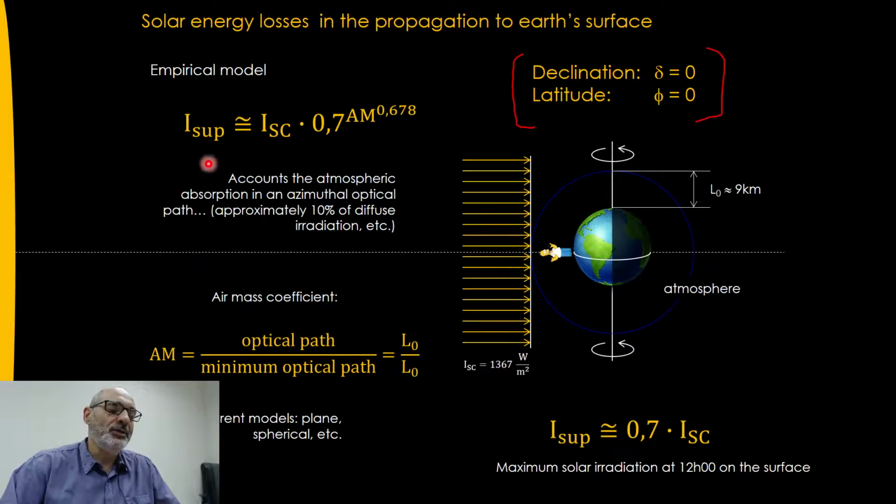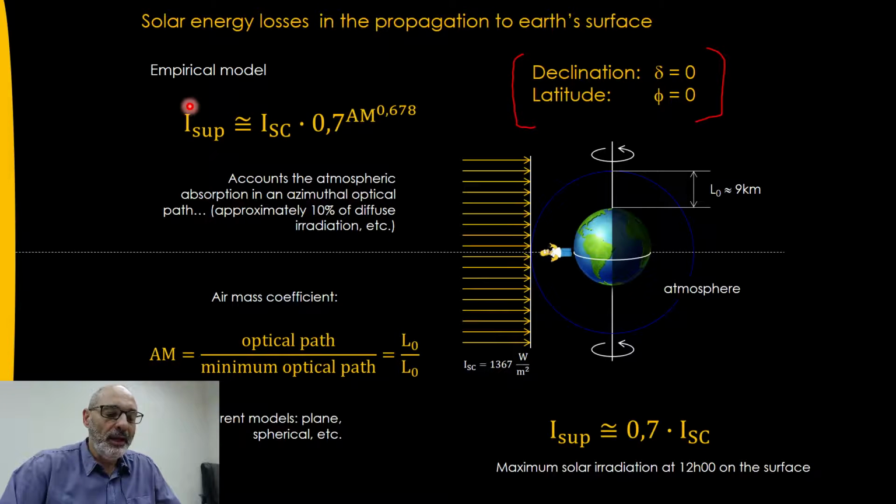We have an empirical model for the amount of energy that you get at the surface of the Earth compared to the energy that you get on top of the atmosphere. I_SC, SC is for the solar constant, is this quantity here.